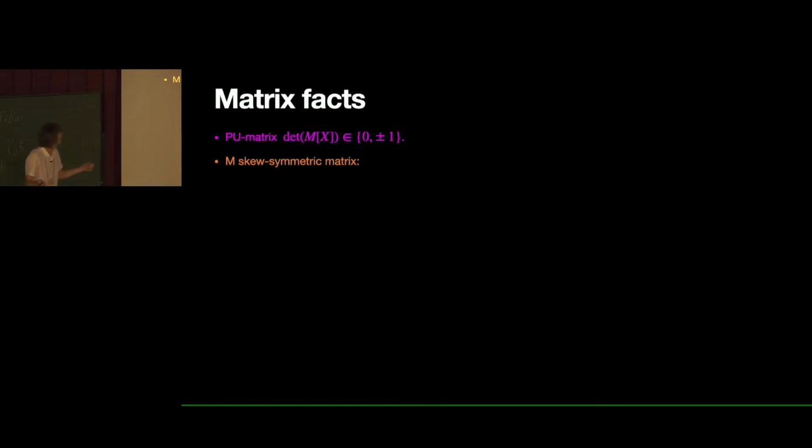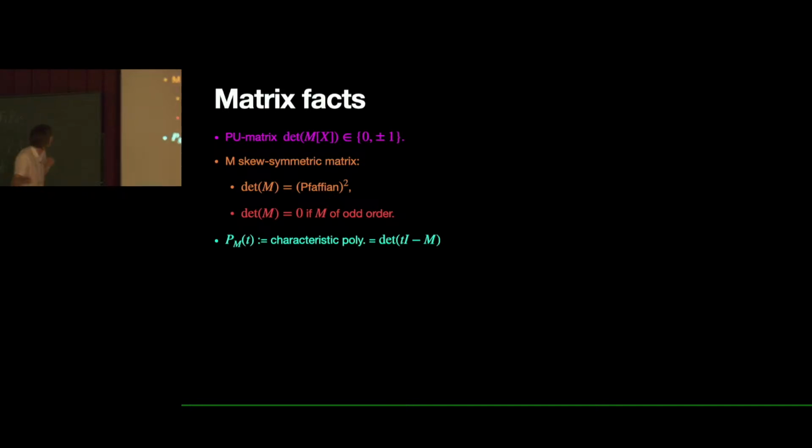So we've got a skew-symmetric PU matrix. What do we know? It's skew-symmetric, so the determinant is the square of the Pfaffian, and the determinant is 0 if M is of odd order. Basic matrix facts.